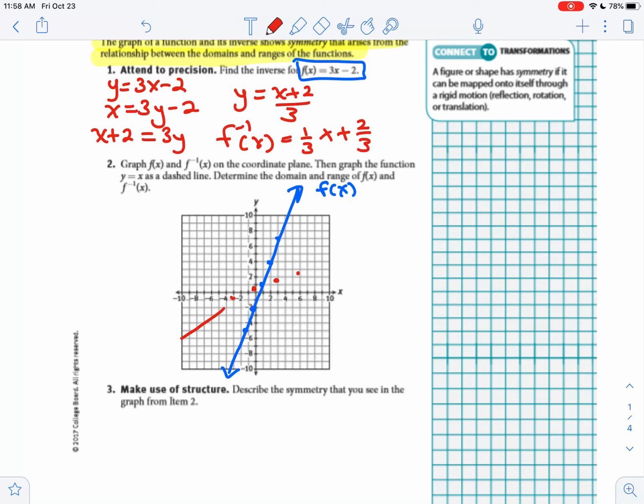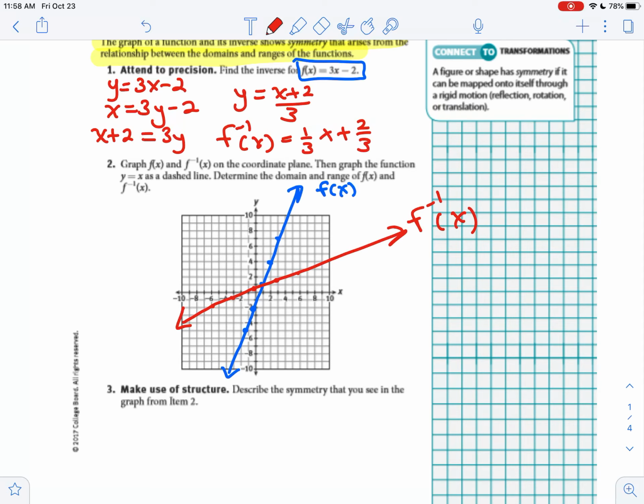Or we could go down 1, and so on. I'm going to do that again, make it a little neater. Down 1, 1, 2, 3, right there. And this is going to be our f inverse of x. It's a little easier to do on paper with a ruler.